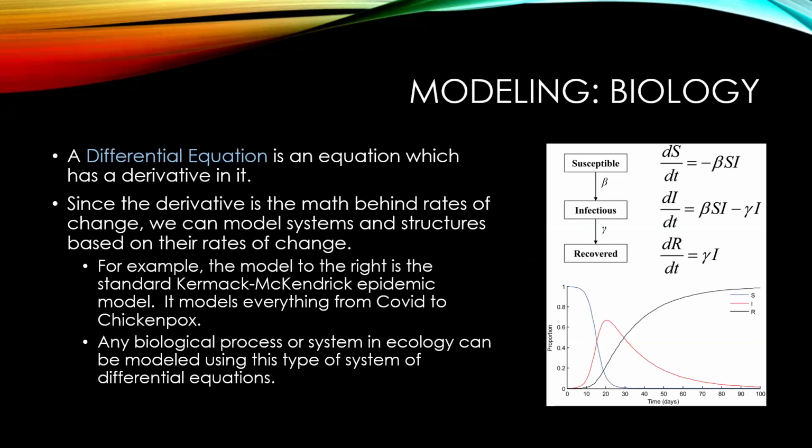Other applications, though, beyond physics, I mean, biology is a very large one. A differential equation is an equation which has a derivative in it. And usually when we're talking about biological processes, we're talking about structures which have the property that the rate of change is somehow proportional to the population size. A key example is bunny rabbits.